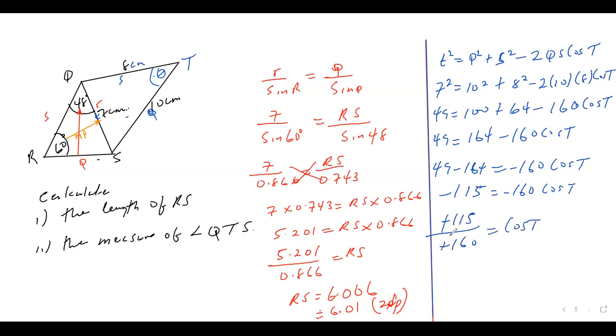Then the two negatives cancel, right? So 115 divided by 160, what do we get? 0.719. 0.719 is equal to cos T. So angle T is equal to cos inverse of 0.719, right?